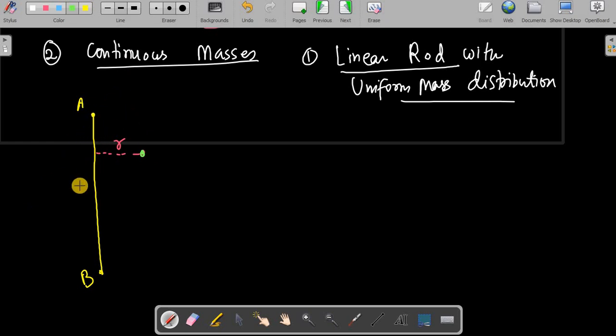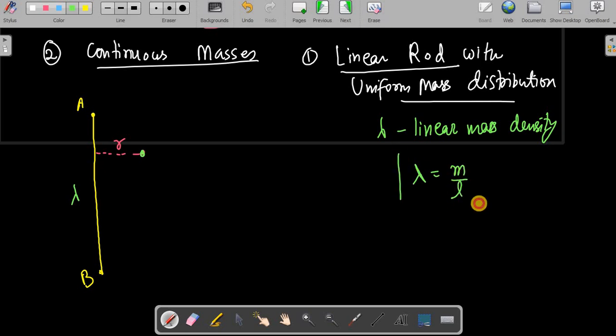So when you want to calculate field here, let us say the distribution of mass is lambda. Lambda is linear mass density. What is meant by linear mass density? It is mass by length. Okay. Now because of this, there will be a resultant field.